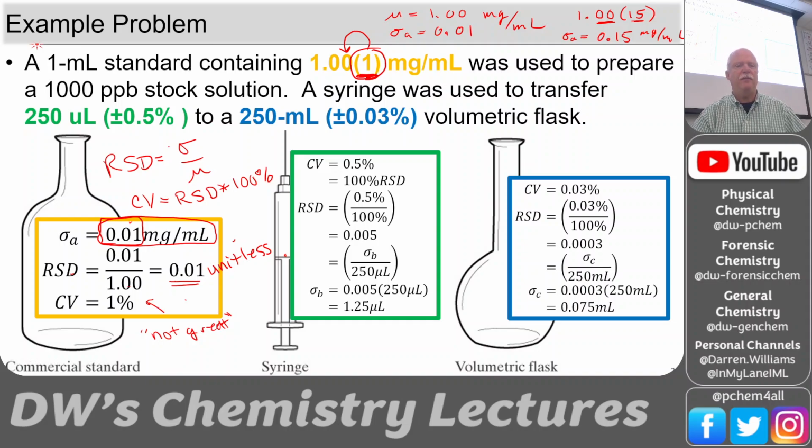Now the 250 mil, let's look at the green number. It's given an uncertainty in terms of percent. And so now that's going to have to be assumed to be the CV. The CV stands for coefficient of variation. Let's see, I haven't written that anywhere either. So CV equals coefficient of variation.